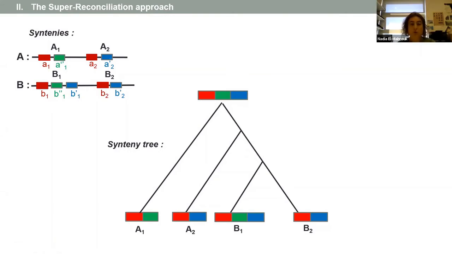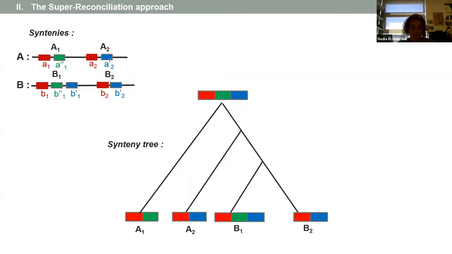So let's say we now have our synteny tree. The input is a set of gene families, a set of syntenies in the different genomes, the species tree, which is not difficult here as we have just 2 species, and a synteny tree. The goal is then to infer a most parsimonious history of segmental duplications and losses.